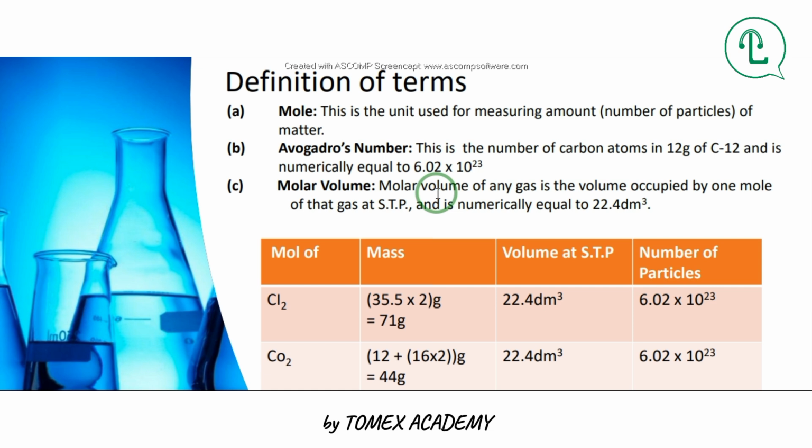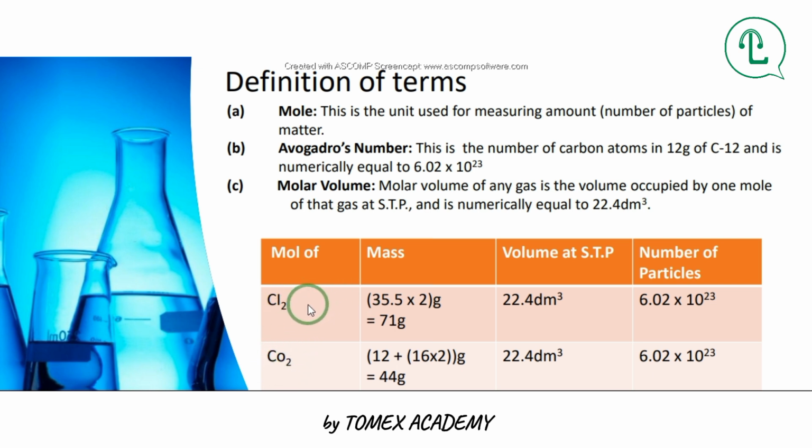Molar volume. Molar volume of any gas is the volume occupied by 1 mole of that gas at standard temperature and pressure, STP, and is numerically equal to 22.4 dm³. Example, we have a chlorine molecule and CO2 molecule.